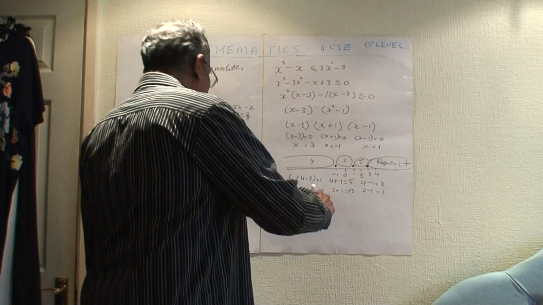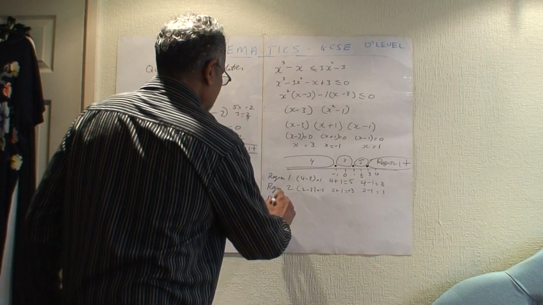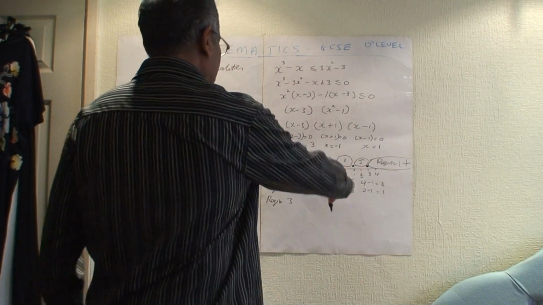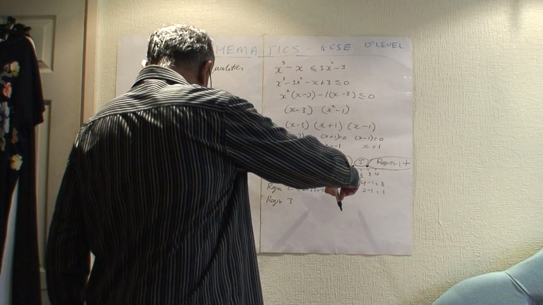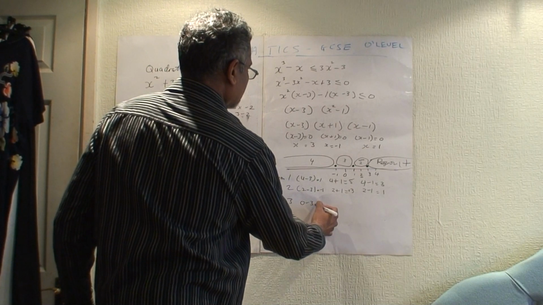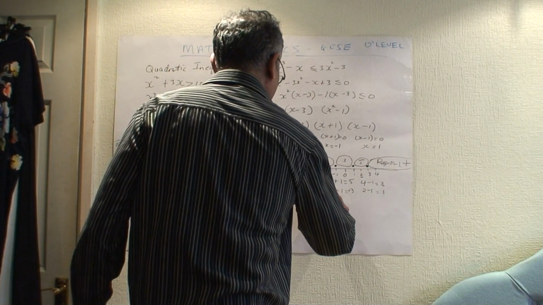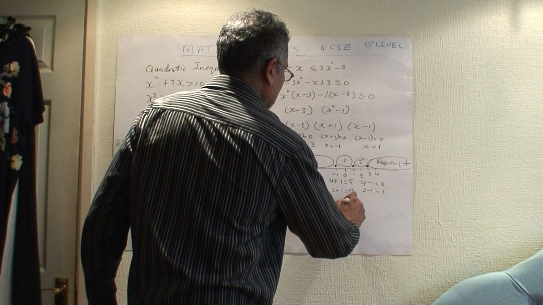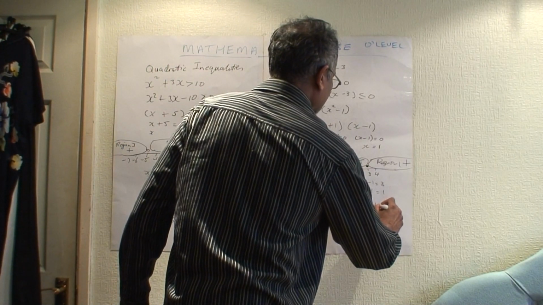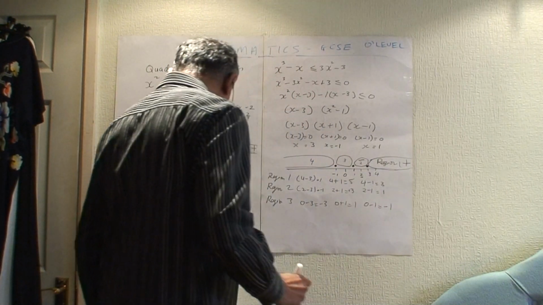Now for region 3, we can look at 0. 0 is right there in region 3. So 0 minus 3 is minus 3. 0 plus 1 is 1. 0 minus 1 is equal to minus 1.